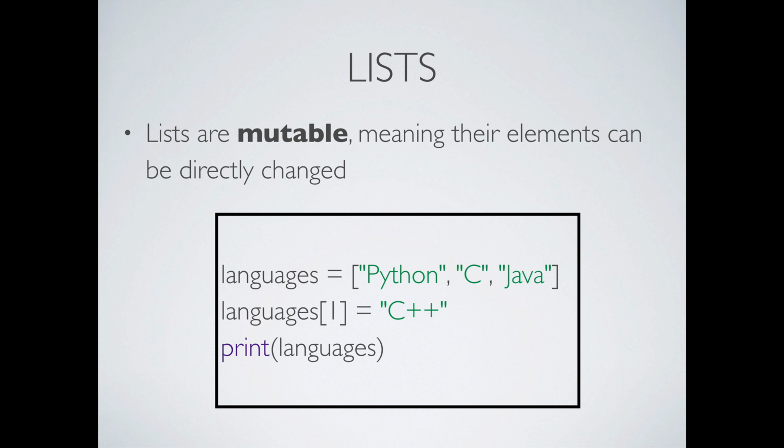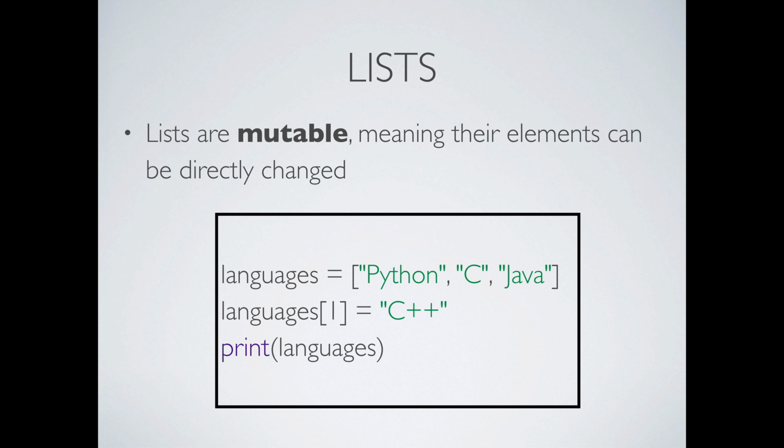So again, what I mean by this is, let's say I have this list here. In this example, we have a list of strings. Each one of those strings happens to be a programming language, so I named the variable that's storing the list languages. So here you can see some code where I say languages square bracket 1 equals this string here, this C++ string.